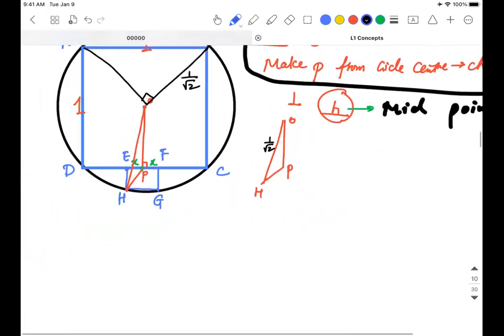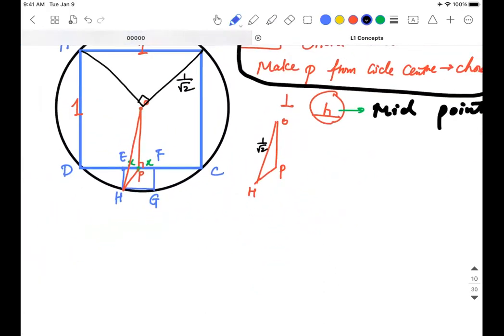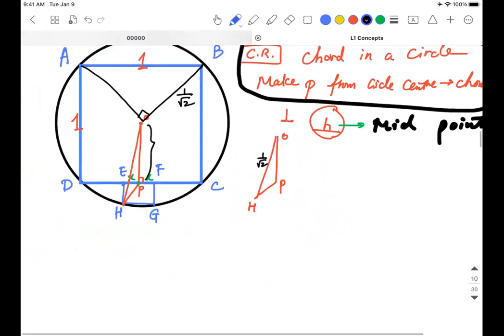Next one, what is OP? OP is easy because O is the center of the circle, and O is also the center of your big square. Therefore, OP should be half of the square length. So OP will be equal to 1 over 2.